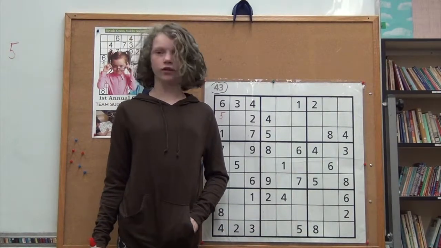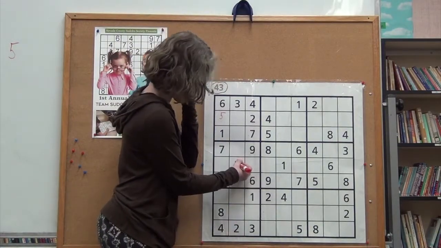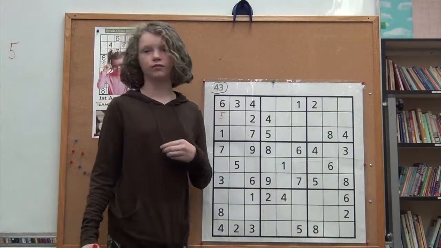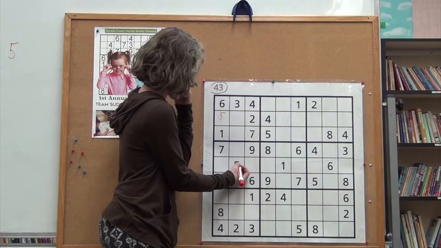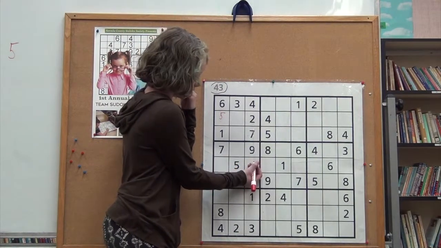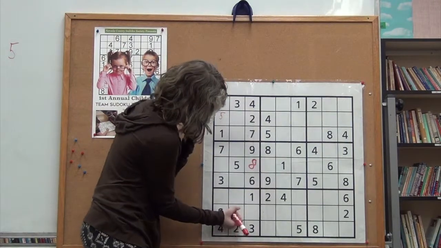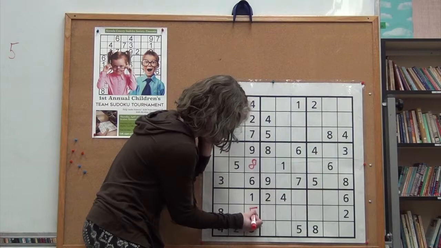Identify eliminators. The eliminators are this 8 right here and this 5 right here. Solve one small box. I'm going to put the 8 here because the 5 eliminates a 5 going here. And a 5 can only go here because there are only 2 boxes.